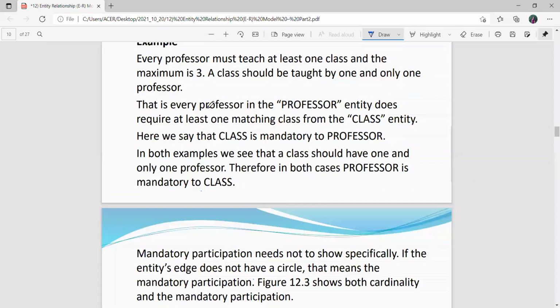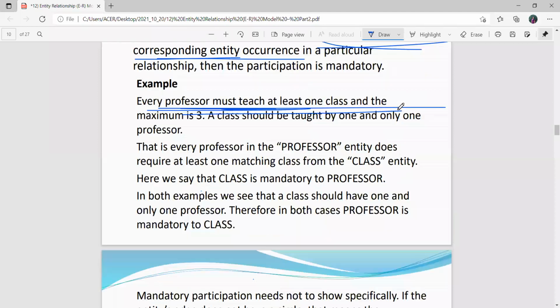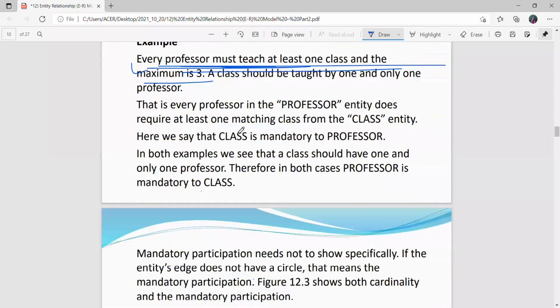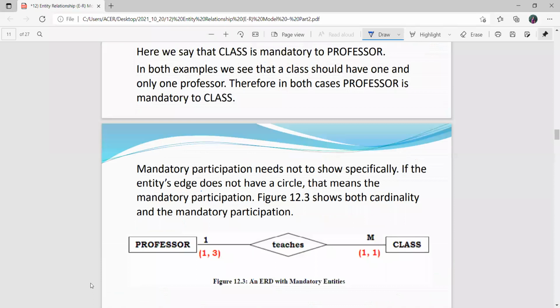That means the professor must teach at least one class, and the maximum number is equal to 3. So this is the requirement. So the requirement is the professor must teach at least one class, and the maximum number of classes is 3.